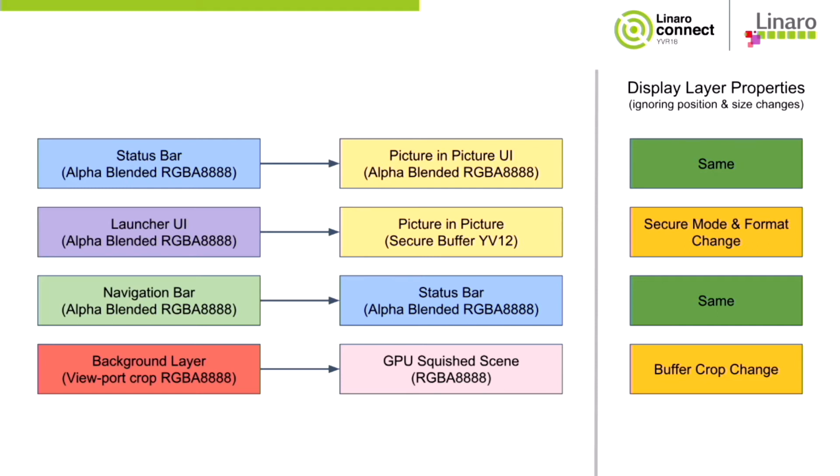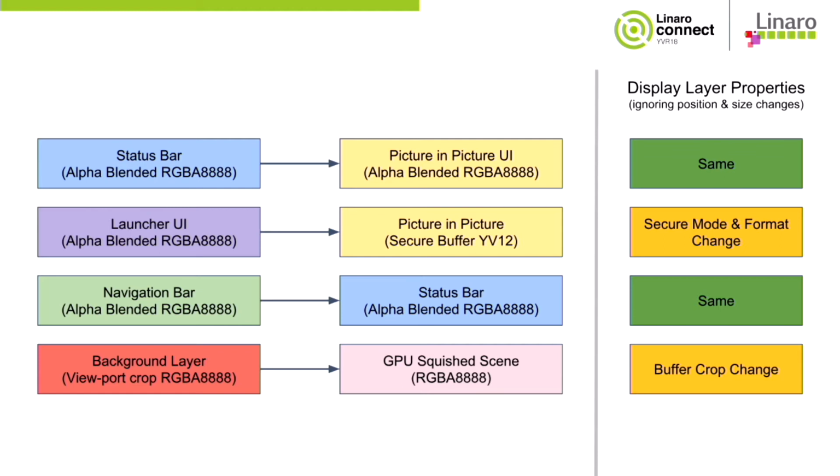Ignoring the X's and Y's and sizes of each of these buffers, which will be slightly different and are a constant change across these, if you look at just the formats and the other display properties that would have to change: for the status bar to the picture-in-picture UI, it's mostly the same, so just the X's and Y's change. For the launcher UI, we went from a 32-bit RGBA buffer to a secure buffer, so we now have to switch into secure mode. We also have to set it to YUV mode, because it's in a different format. The navigation bar and the status bar are basically the same, just X's and Y's change.